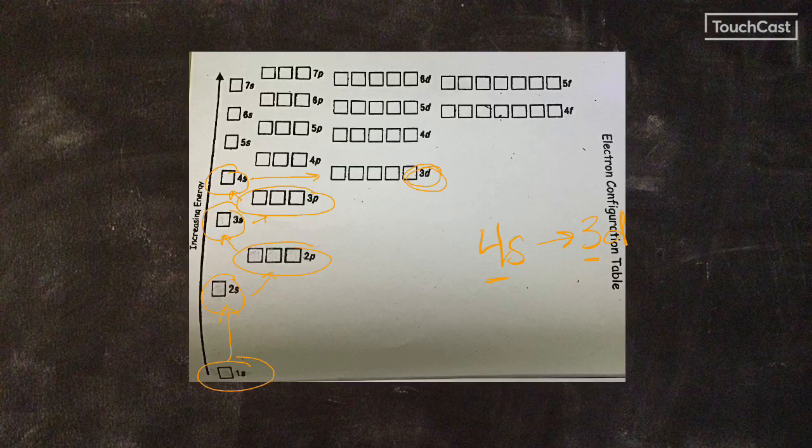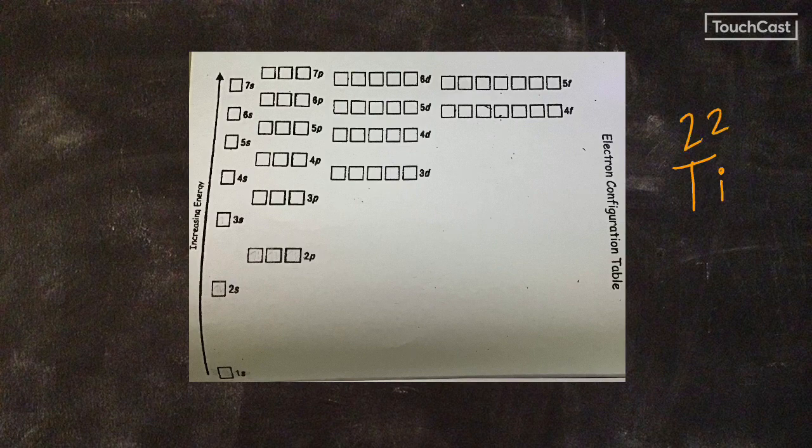So let's see what that looks like when I do a problem. My example element, we're going to use titanium. If I look on my periodic table, titanium has an atomic number of 22, which means I have 22 electrons.